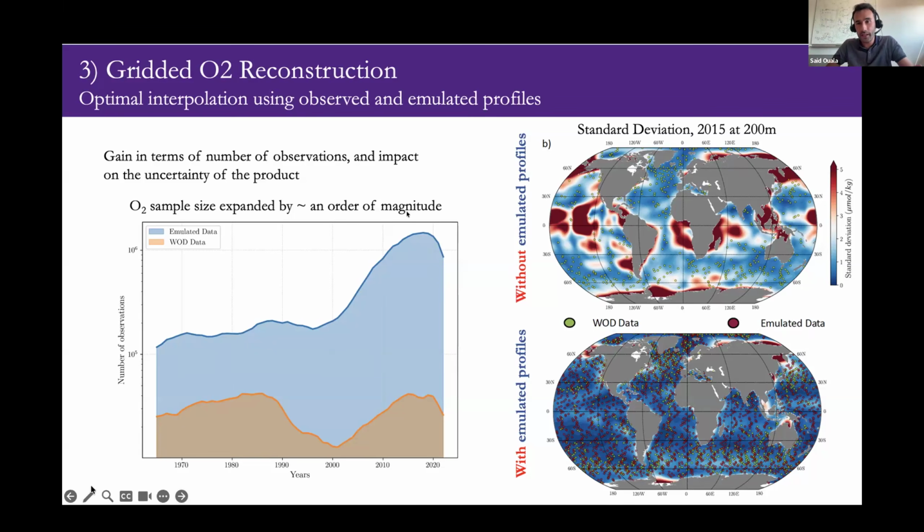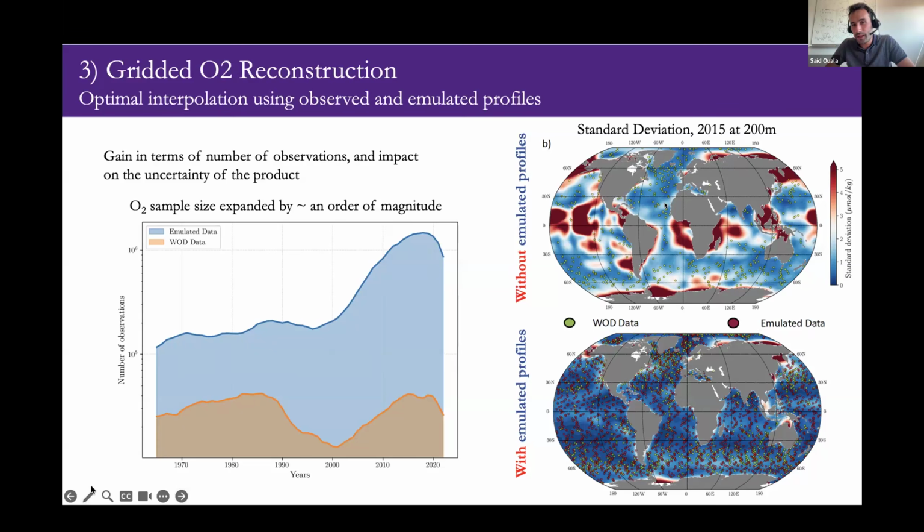What this translates to in terms of the yearly product, shown here on the right, is that with this huge number of additional observations, we are able to reduce quite significantly the uncertainty of the reconstruction. It can be seen in these two panels, where the top panel shows the standard deviation of the dissolved oxygen product for the year 2025 at 200 meters.